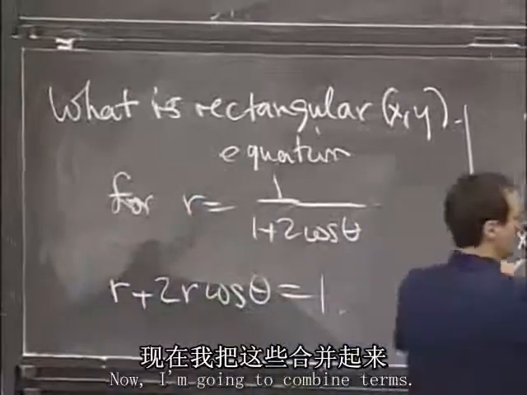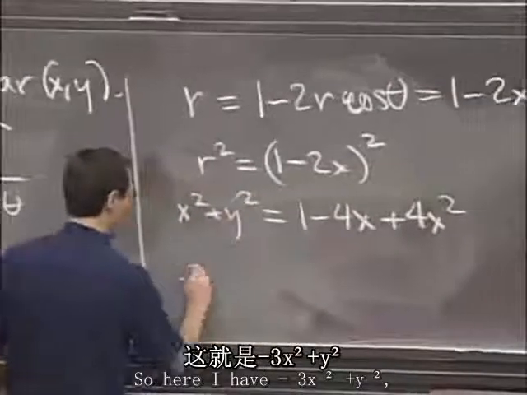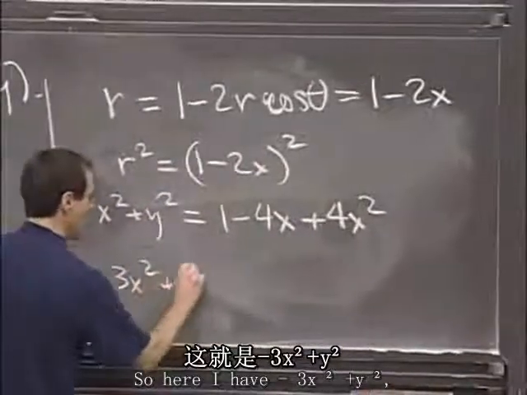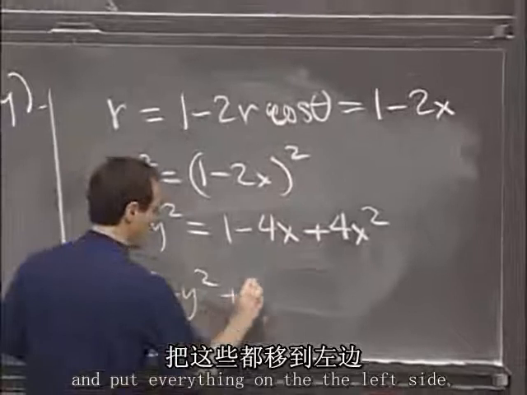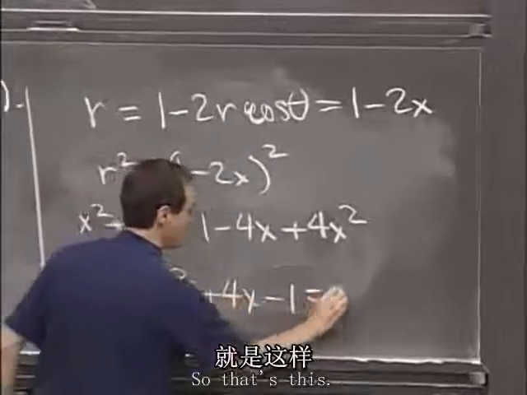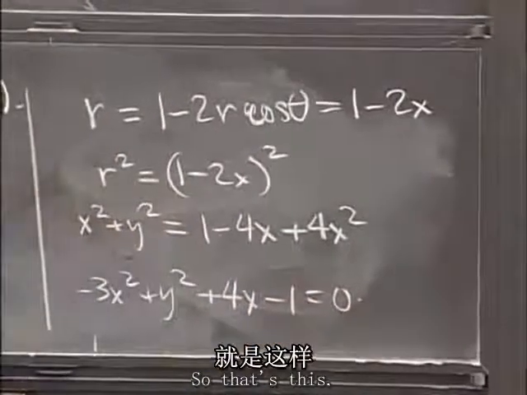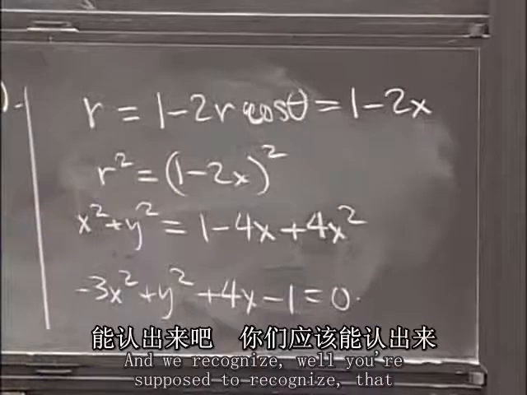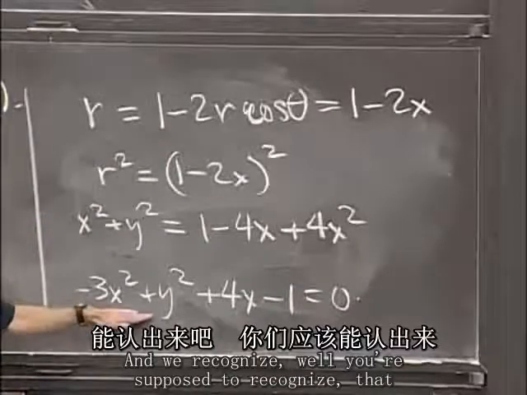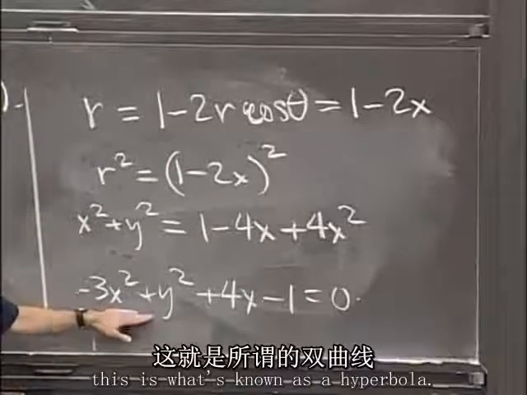Now I'm going to combine terms. So here I have minus 3x squared plus y squared, and put everything on the left side. So that's this. All right? And we recognize, well, you're supposed to recognize, that this is what's known as a hyperbola.